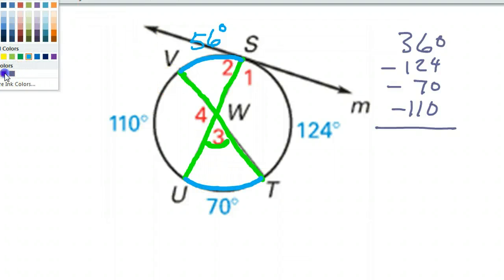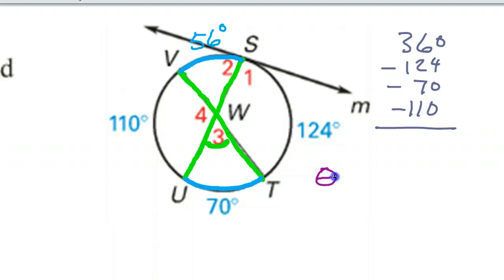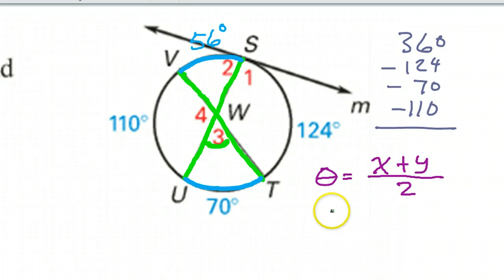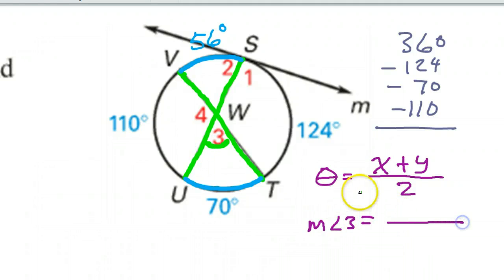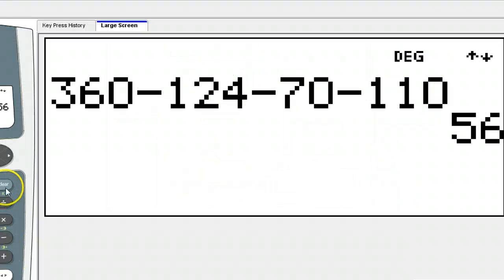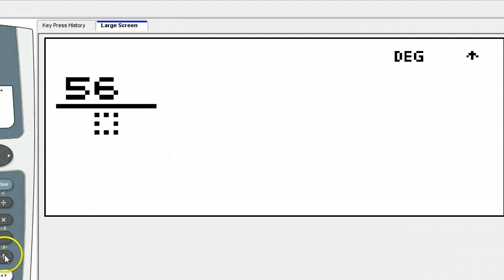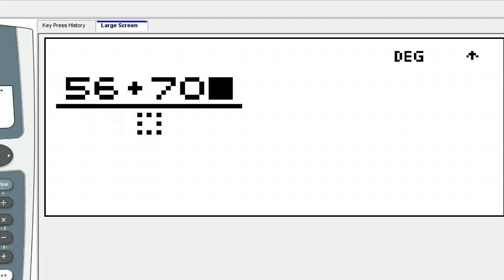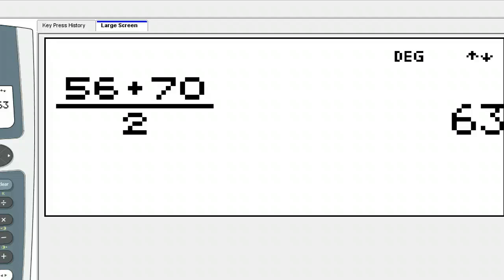So remember, the formula said: angle, in this situation, is equal to arc plus arc divided by 2. In this case, the angle is the measure of angle 3. So angle 3 is equal to arc plus arc divided by 2. So that's 56 plus 70 divided by 2. That's 63 degrees.